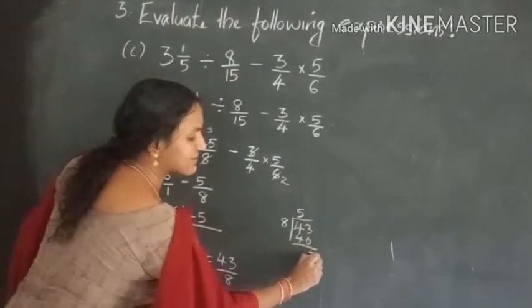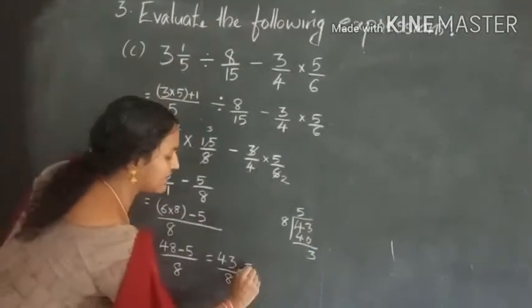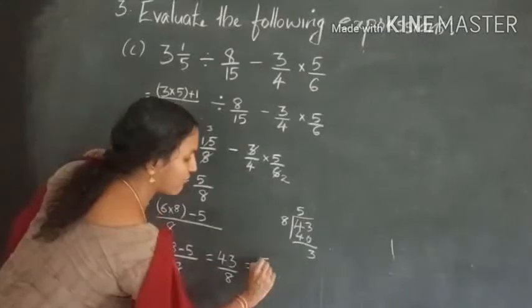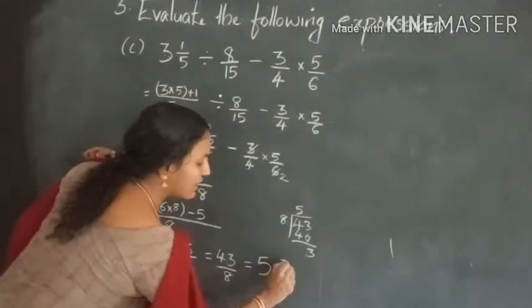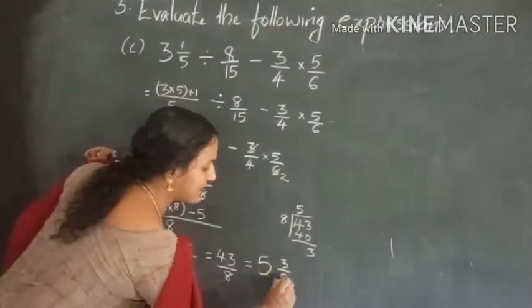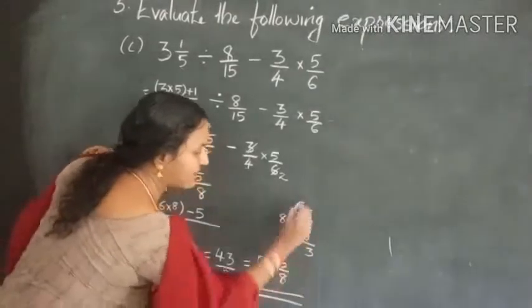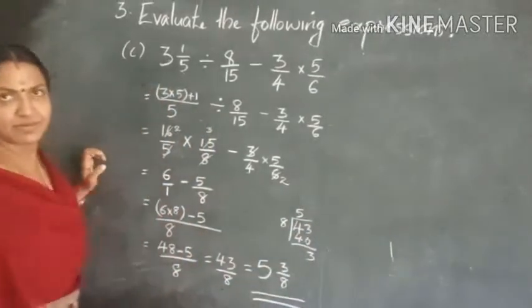The balance 3 is equal to the quotient 5 into remainder 3 by divisor 8. 5 3 by 8.